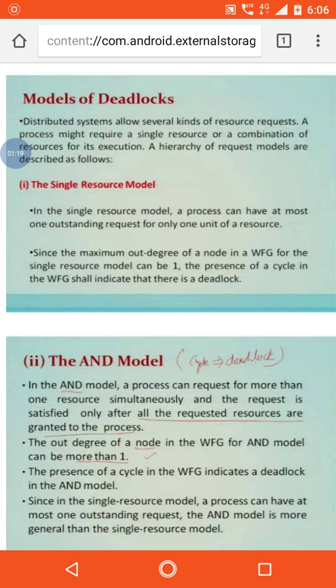The maximum out degree of the WFG, the wait-for graph, in the single resource model is 1, because the resource is 1. In this model, a cycle indicates the deadlock.